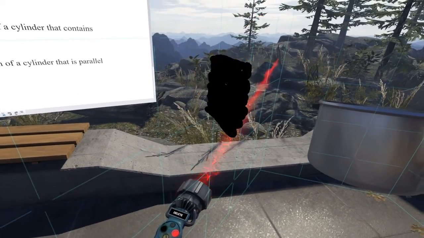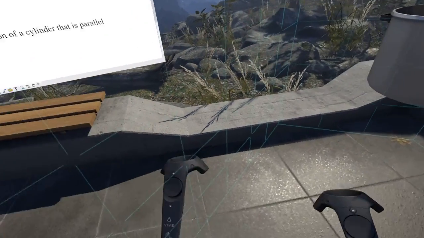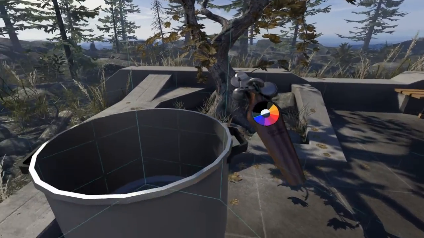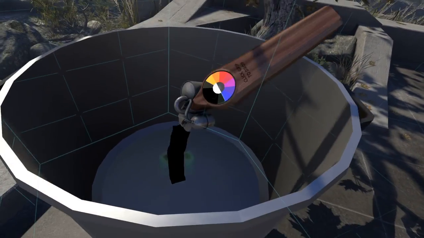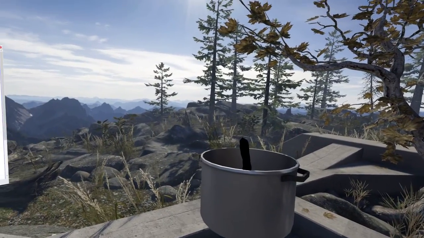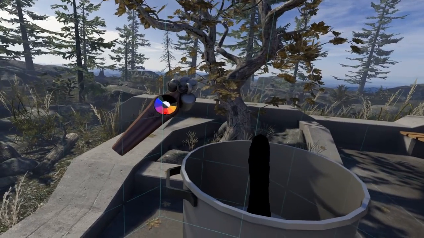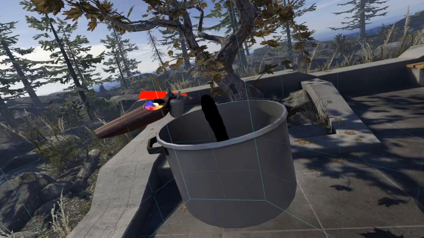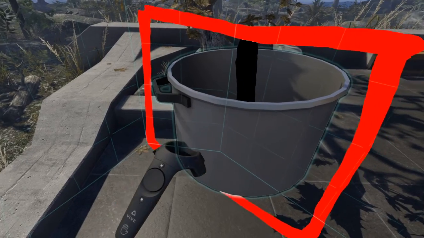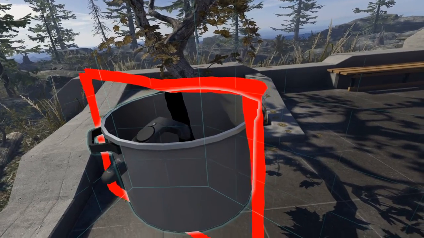Let's look at our cylinder. Now our axis is directly in the middle, so that would be something like, again, a line like this. So let's draw a plane that's parallel to that, so not touching, but going in the same direction. So something kind of like this. And that should be good.